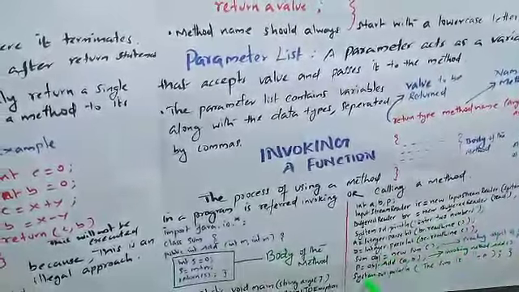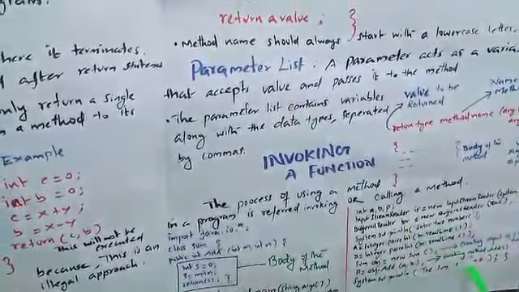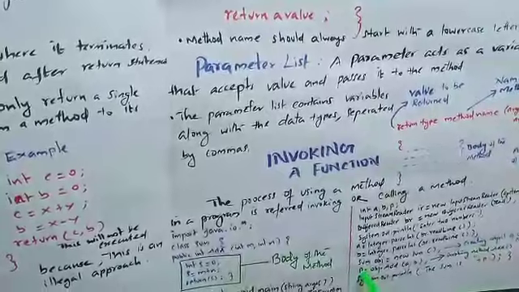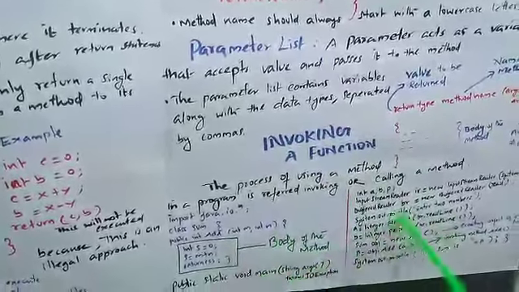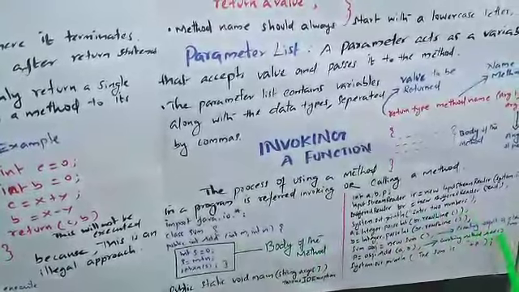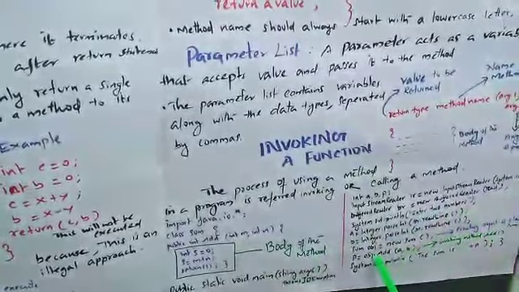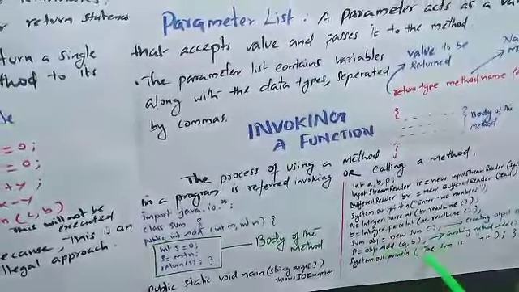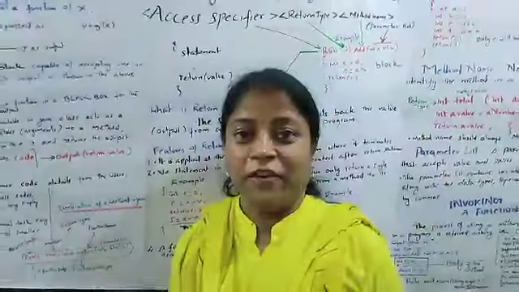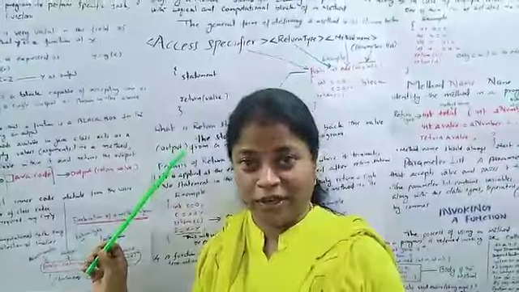Then after that you have to print System.out.println the sum is p, which you have to print. For invoking a function you have to bring the function name here, and after that print p. So this was invoking a function. So hope my dear children you have understood this user defined function. Thank you.